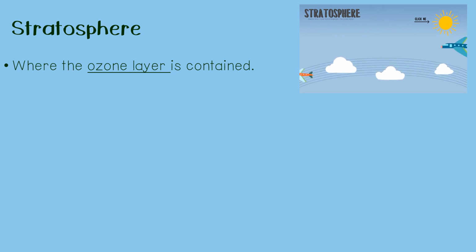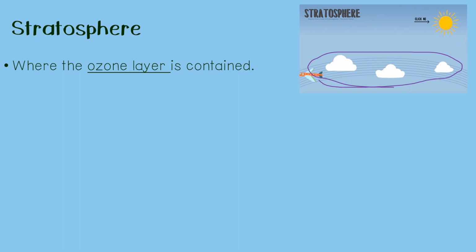The ozone layer is these little lines right in there. What is the ozone layer? Have any of you heard of it? By hearing that word, what do you think the ozone layer is? What does it sound like?